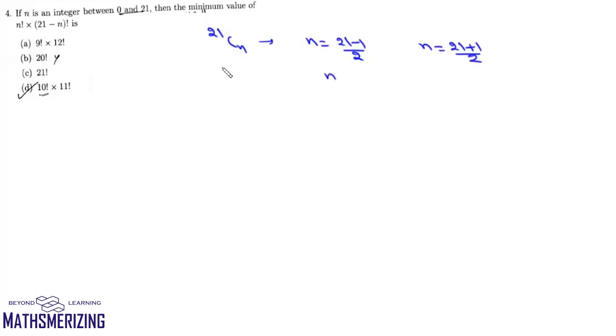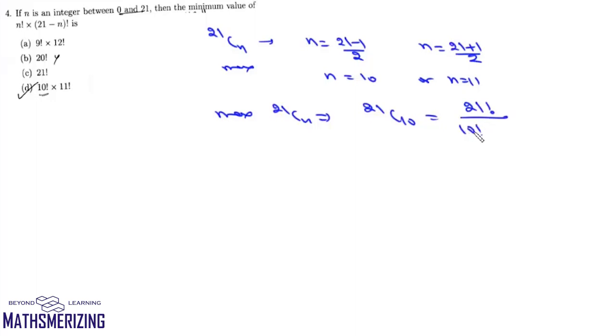So for this value to be maximum, the value of n has to be either 10 or 11. So the maximum value of 21Cn will be when n is either 10 or 11, because for both of them the value will be the same. So it will be 21C10, which is factorial 21 upon factorial 10 factorial 11.